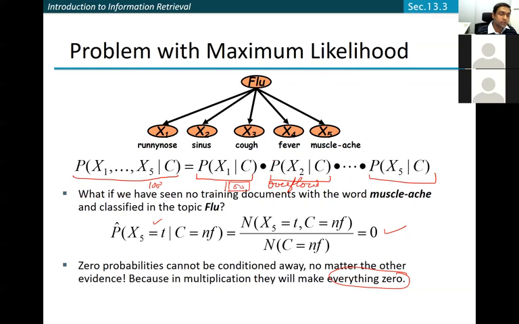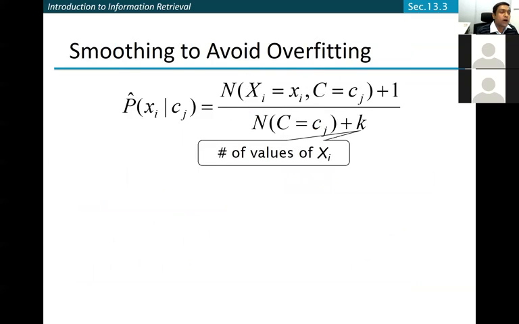So there are two problems in multiplication. One is that the probability of some word can come to be 0. The second problem is that the overall multiplication of so many probabilities may cause floating point overflow. Now to avoid the zero problem, what we can do is add 1 in the numerator, and we will also add k in the denominator. Here k is equal to the number of values of xi.